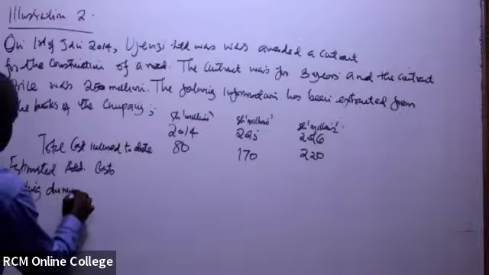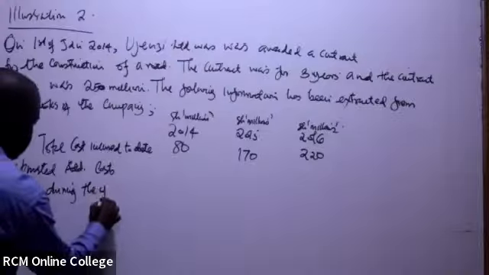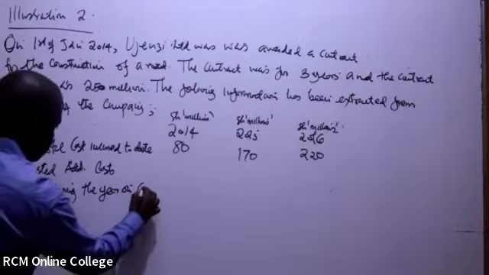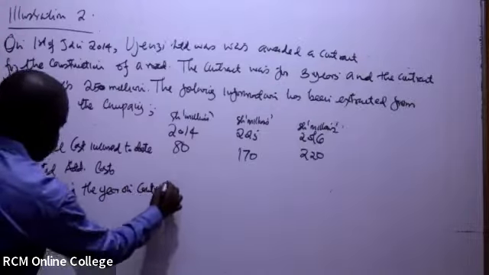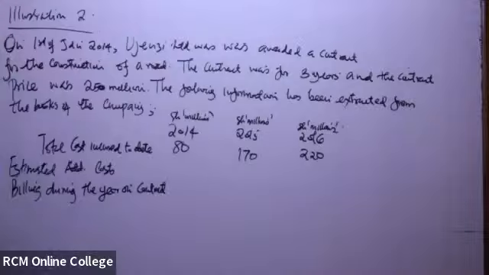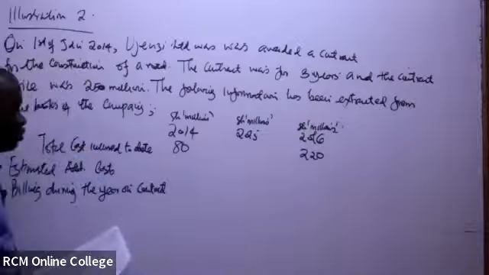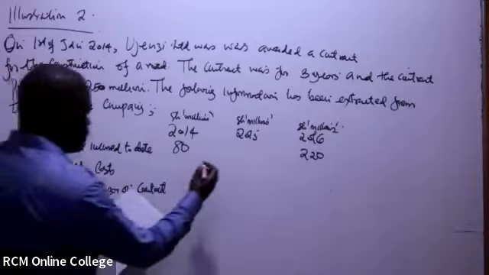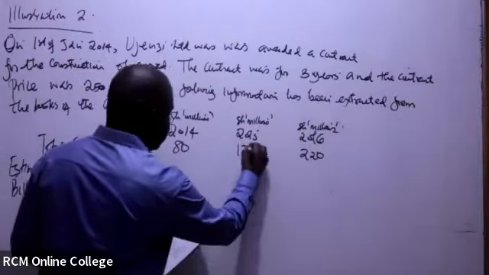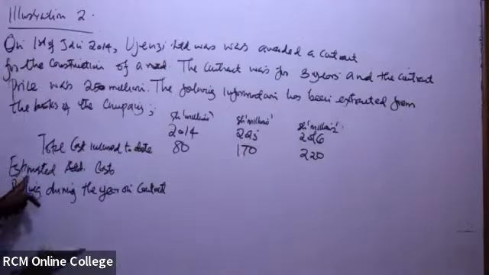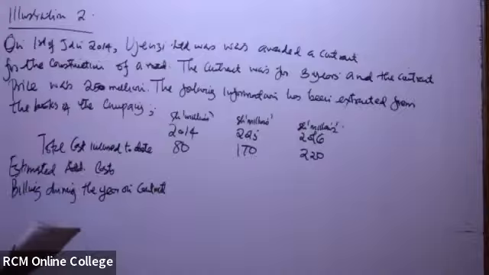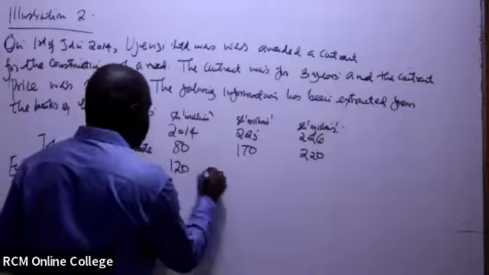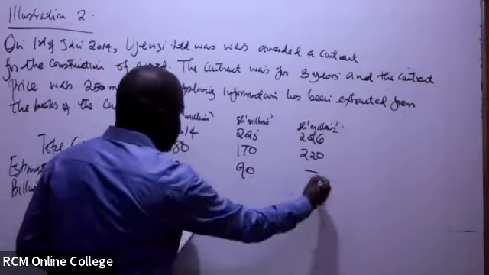So this one is estimated additional costs. We have in this case 120, this one is 90, and this one we don't have.